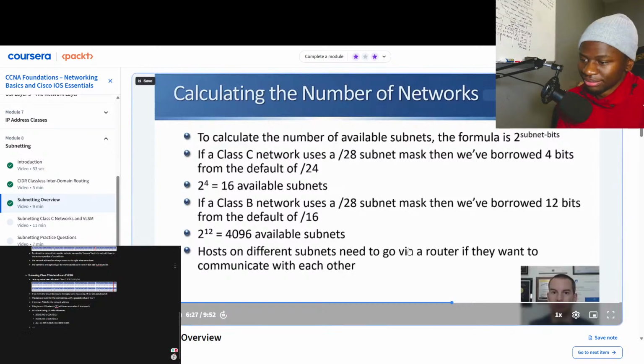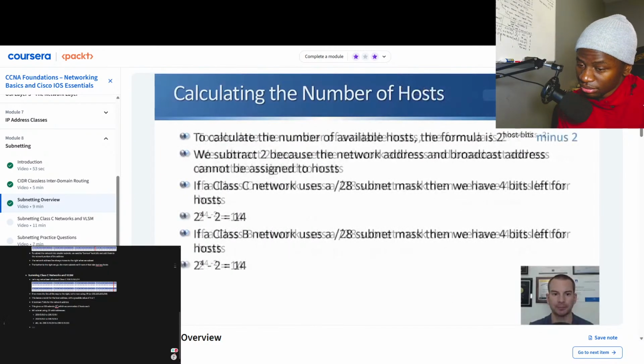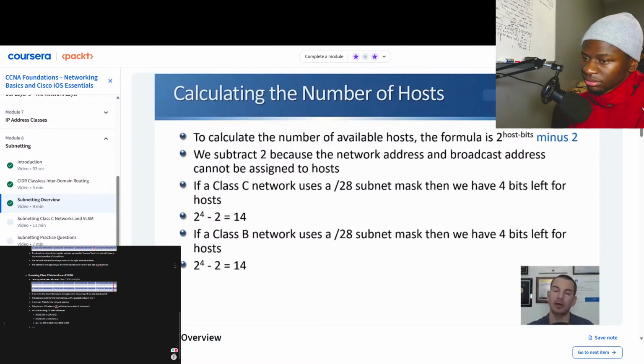Okay, so that was how to calculate the number of subnets we're going to get. It's 2 to the power of how many bits we borrowed. To calculate the number of hosts, it's 2 to the power of how many host bits there are.